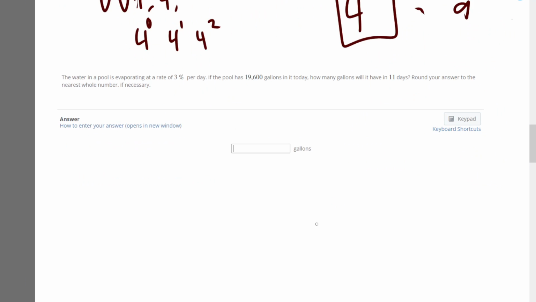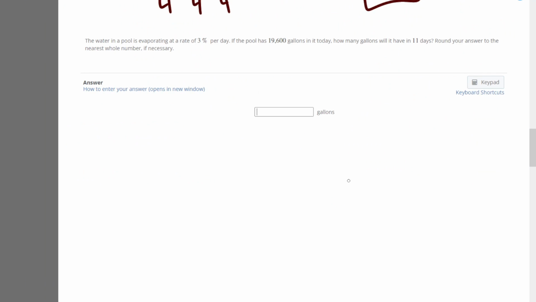This last question is, the water in a pool is evaporating at a rate of 3% per day. If the pool has 19,600 gallons in it today, how many gallons will it have in 11 days? Round your answer to the nearest whole number if necessary. So we have our equation, which is 19,600. That's our principal, how much water the pool has in the beginning.